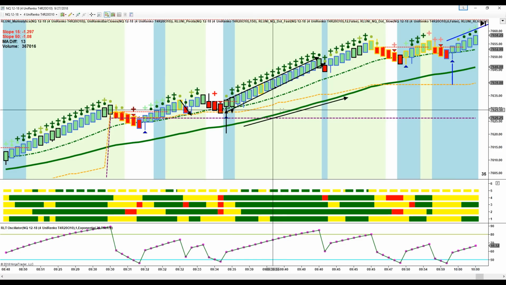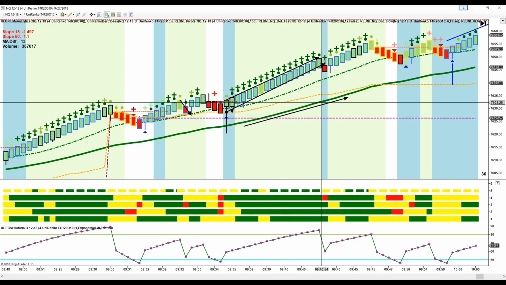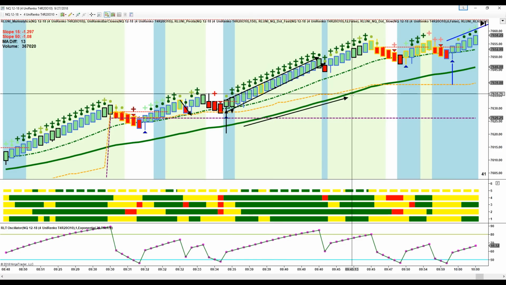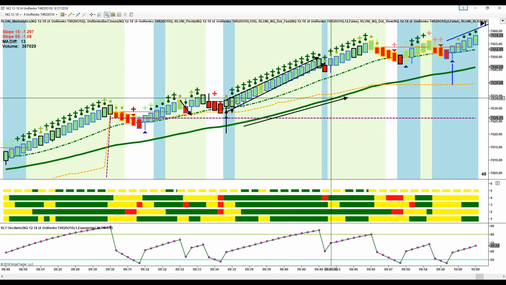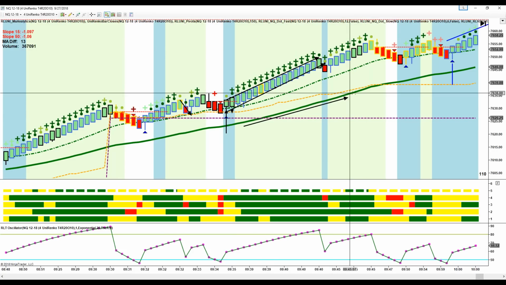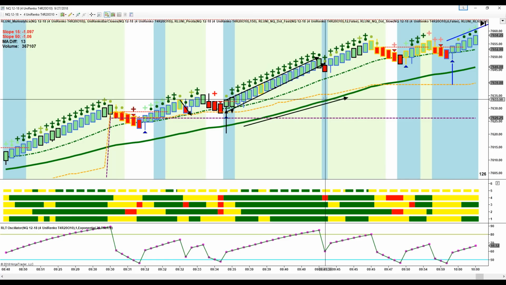So this is a 50-period exponential of a 50-period exponential. We took the exponential equation twice to create this unique average. So it moves fairly rapidly and really describes price great and creates a really awesome area of support and resistance.